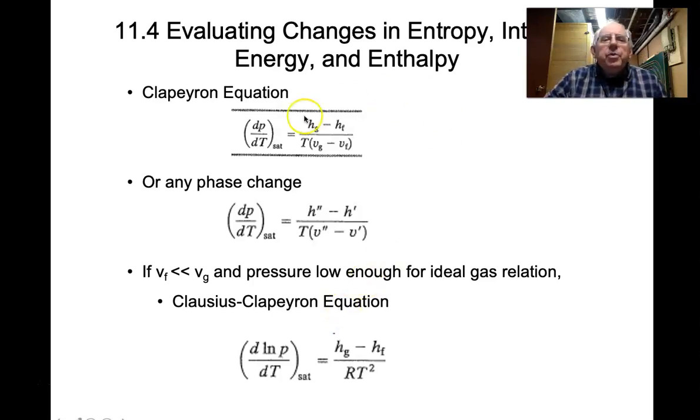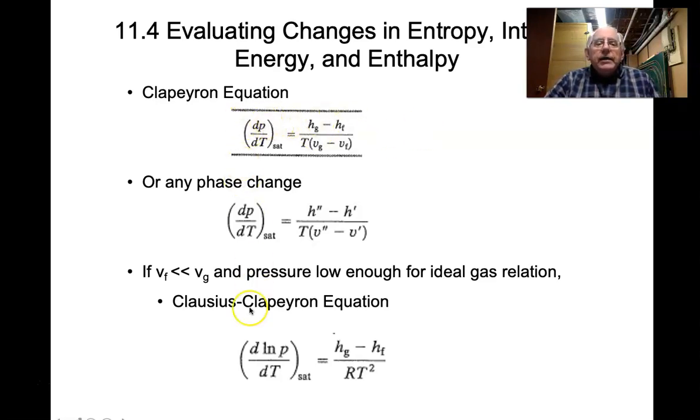And so if we put a 1 over P into this equation here and a 1 over P in this equation here, we then know that 1 over P times this V, since that is PV over T, and we know for an ideal gas that PV is equal to RT.